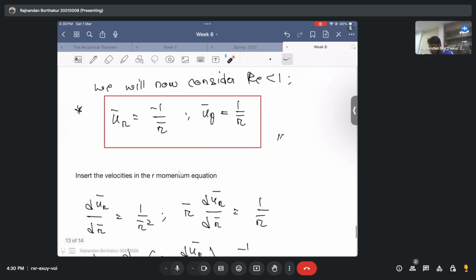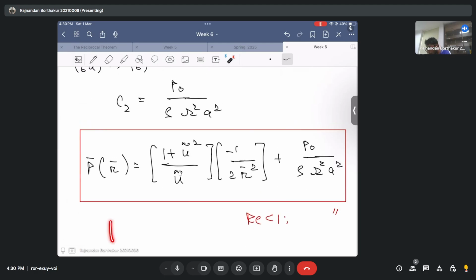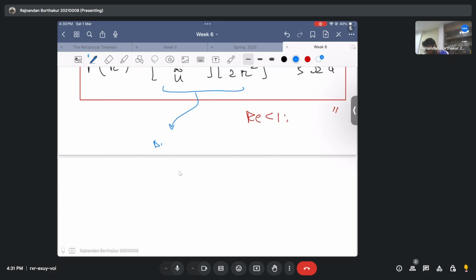So I hope you can now realize that you can always write your pressure as some disturbance pressure plus the far-field pressure, which is p naught. You can also see how the disturbance pressure looks: this term is the disturbance to the pressure field.